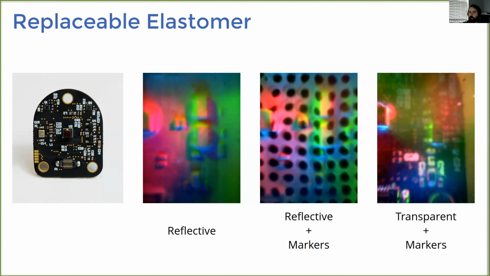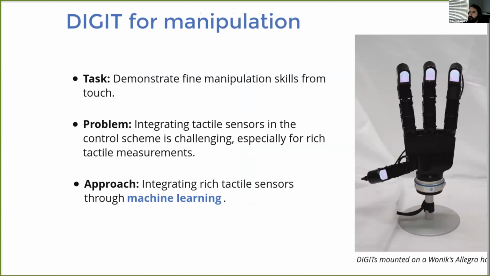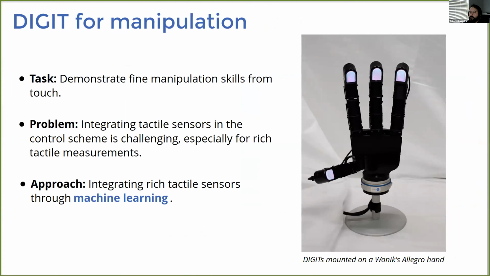Now, after designing the sensor and manufacturing, we also decided to demonstrate its capability by tackling a fine manipulation task. And here on the right, you can see a Wonik Allegro hand equipped with 4 Digit tactile sensors. In practice, we know that characterizing and processing the rich high-dimensional measurements generated by 4 Digit sensors would traditionally be very challenging for traditional control schemes.